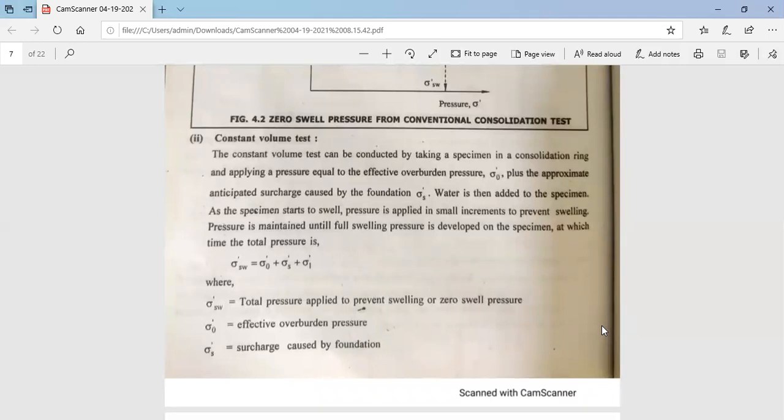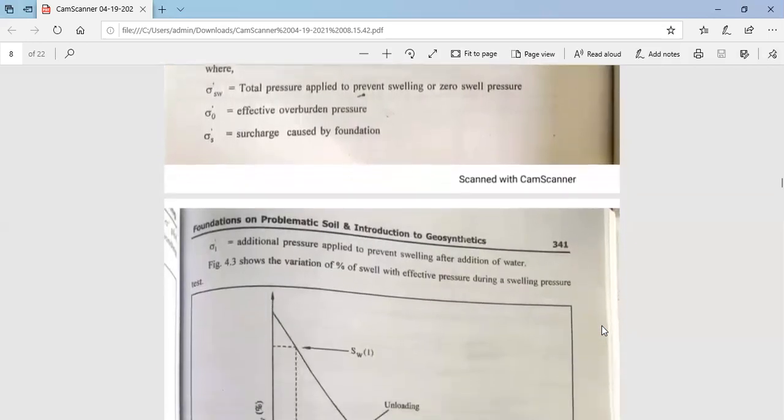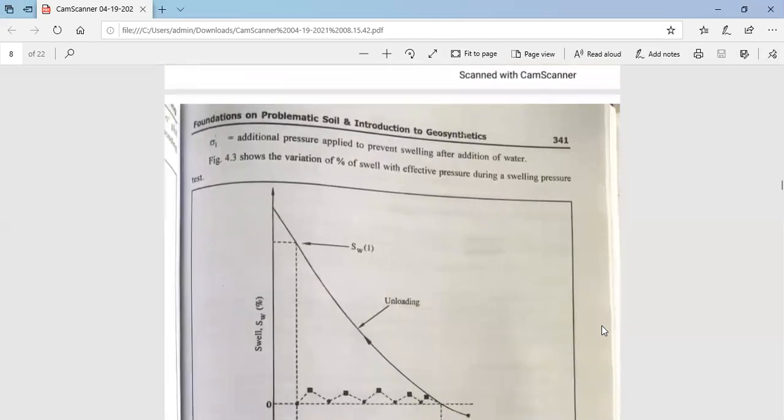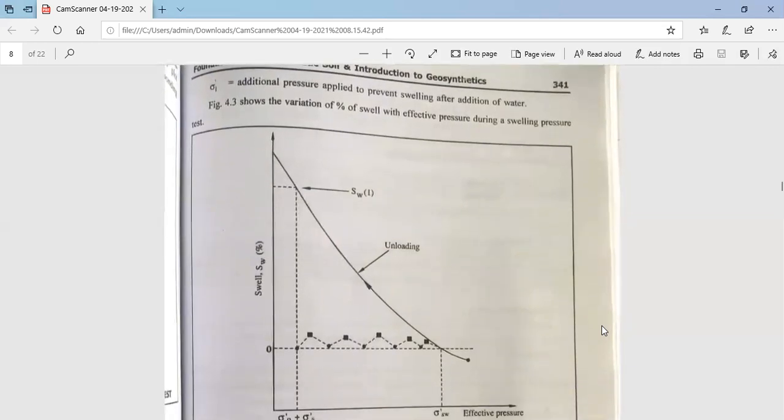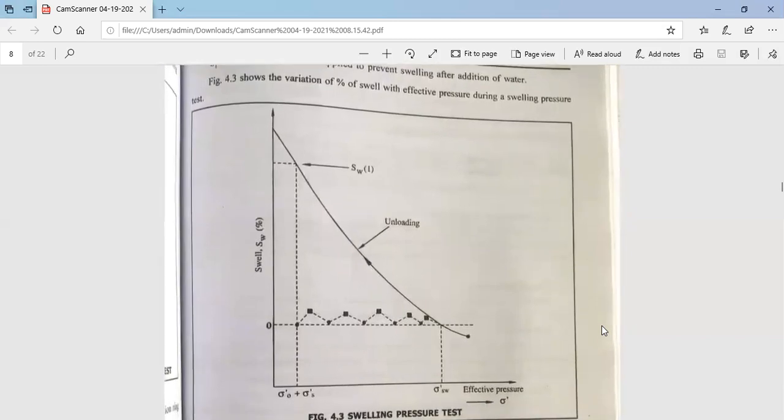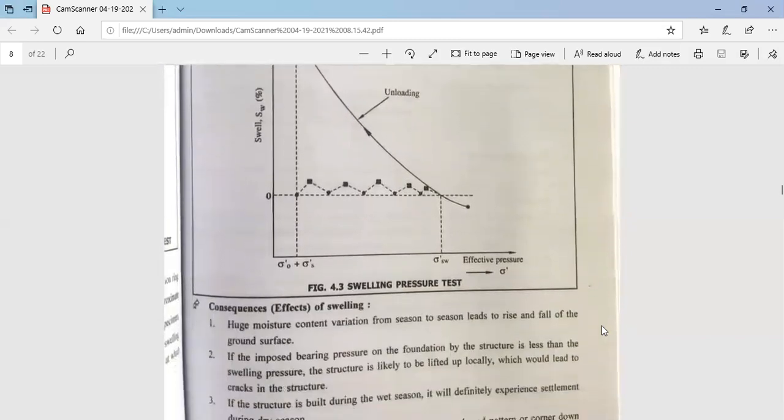Sigma dash 0 is the effective overburden pressure. Sigma dash H is the surcharge caused by the foundation. And sigma dash L is the additional pressure applied to prevent swelling after addition of water. This figure shows the variation of percentage swell with the effective pressure during a swelling pressure test.